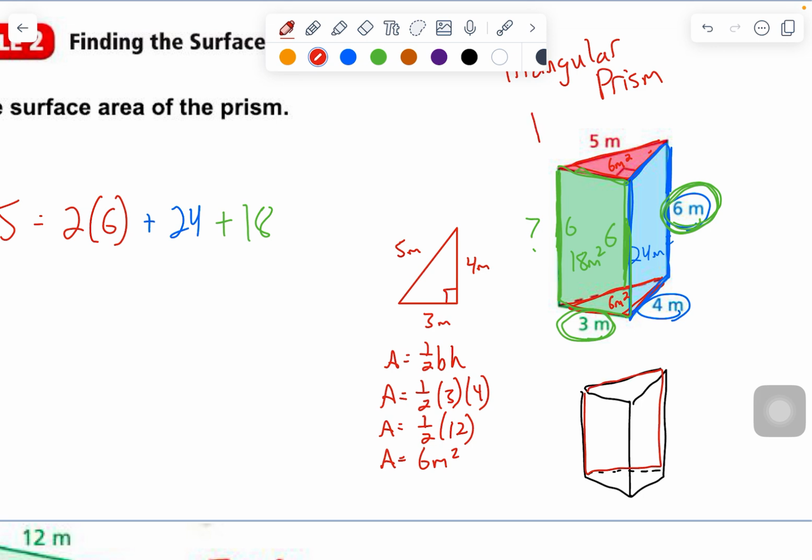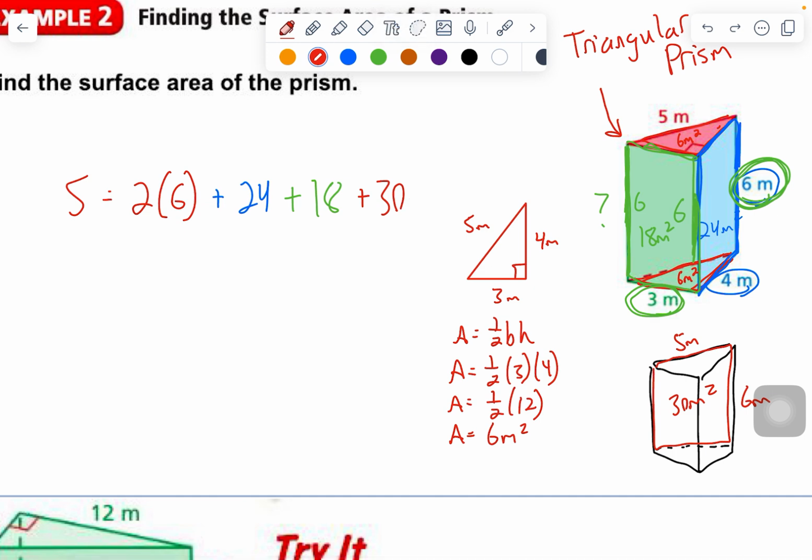Okay, it's almost like if I were to look at the back of the triangular prism, there's a face back there. Well, what is that? It's this slanted 5 meters that we really haven't used yet, and this height of 6 meters. So this back one is 30 meters squared. It's the toughest one to see.